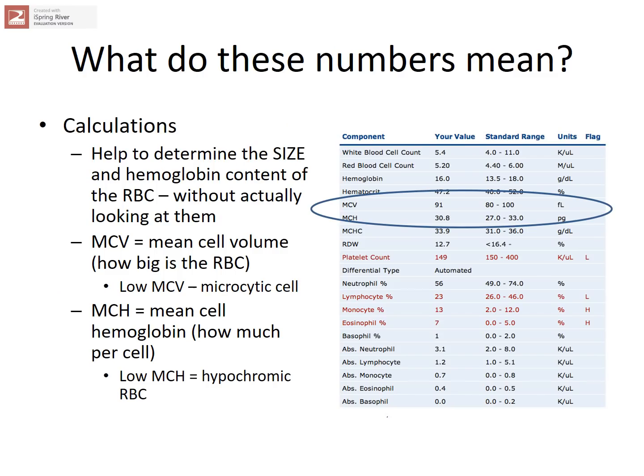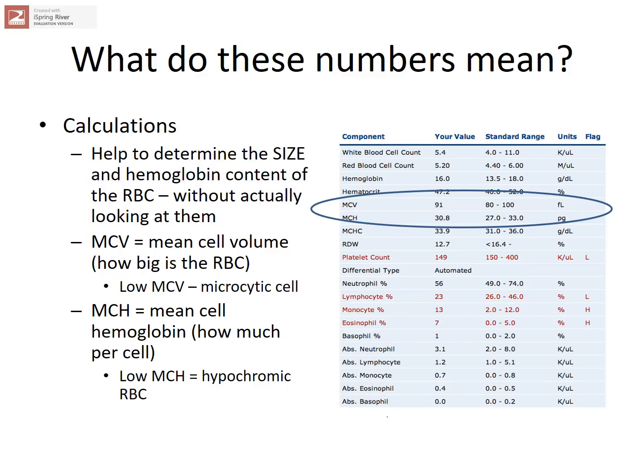You might wonder about some of the numbers that are also included in a CBC report. Of most interest to us are the MCV, mean cell volume, and MCH, mean cell hemoglobin. These help us to know something about the size and hemoglobin content of the red blood cell without actually having to look at them, so without having to do a microscopic differential.